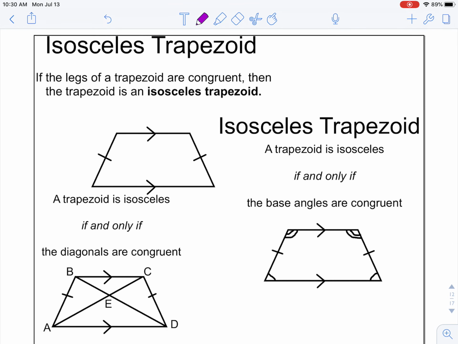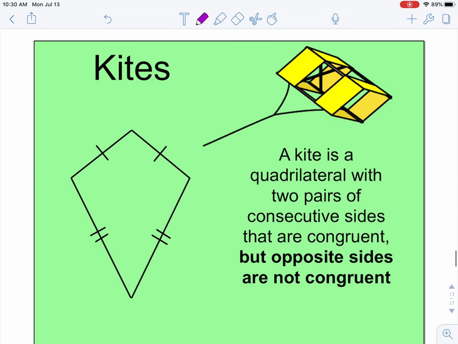So let's look at kites. And this is just a summary of what we said about isosceles trapezoids. But let's look at kites. A kite is a quadrilateral with 2 pairs of consecutive sides that are congruent, but opposite sides are not congruent.